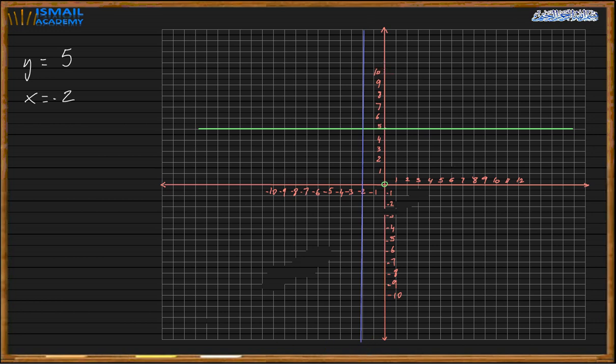And for slant lines, if I choose 2x minus 3y equals 6, I will have this type of line. It's going to look like this.